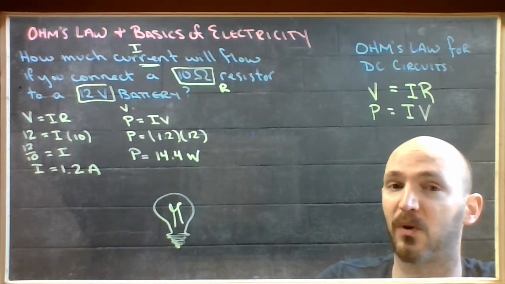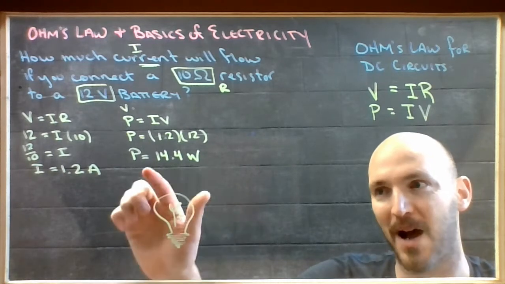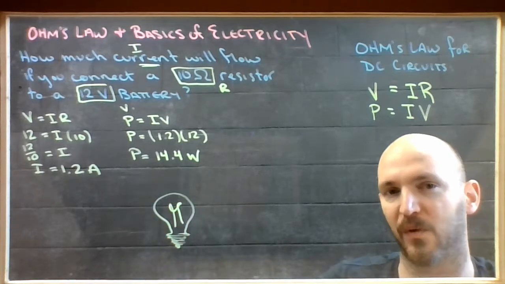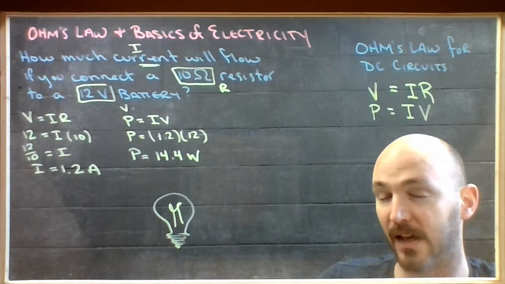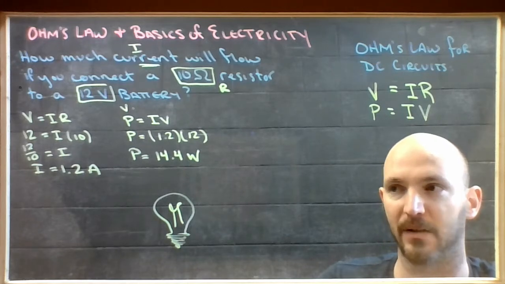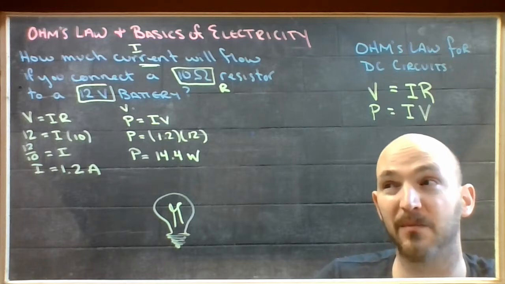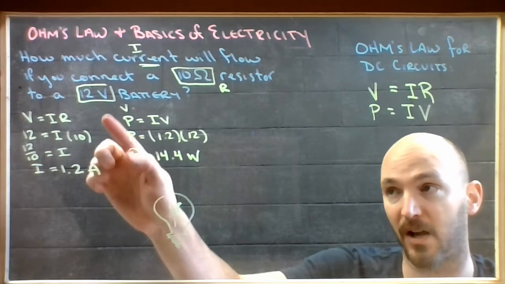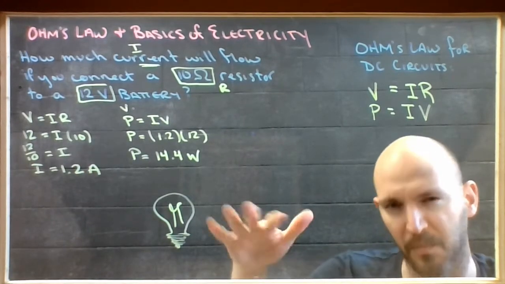If you wanted to light up a whole room with only one or two bulbs, you needed a 100 watt bulb, which is much higher than this. This rating, 14.4 watts, that's getting closer to what the LED bulbs are operating at now. So this 10 ohms of resistance might be about right for an LED bulb that's operating on a battery pack, approximately.